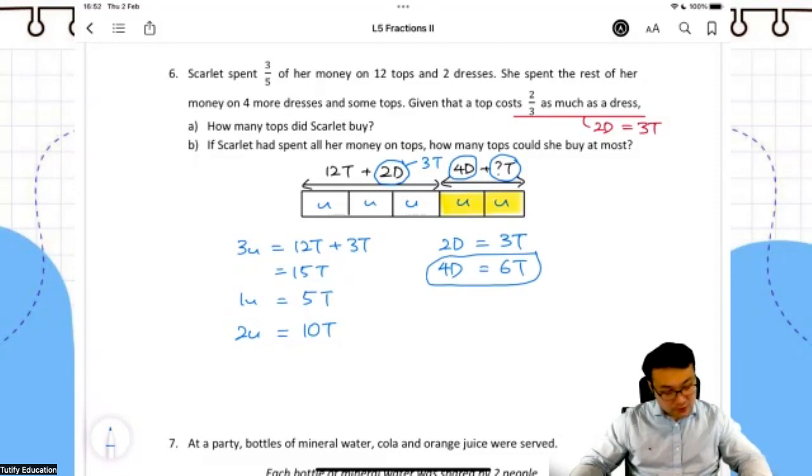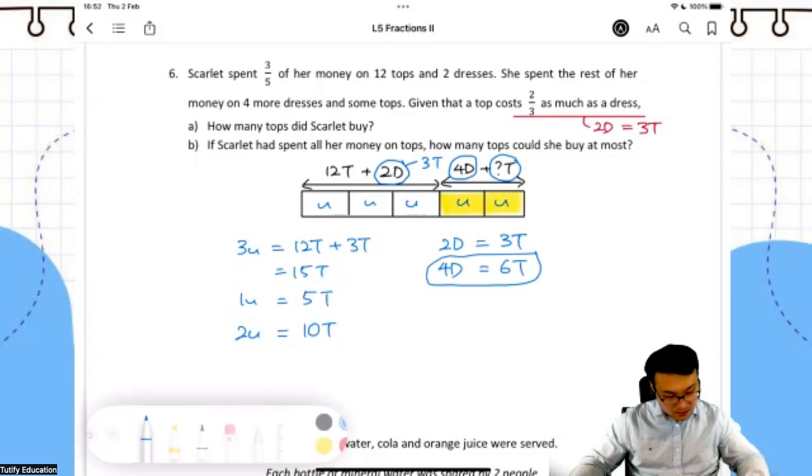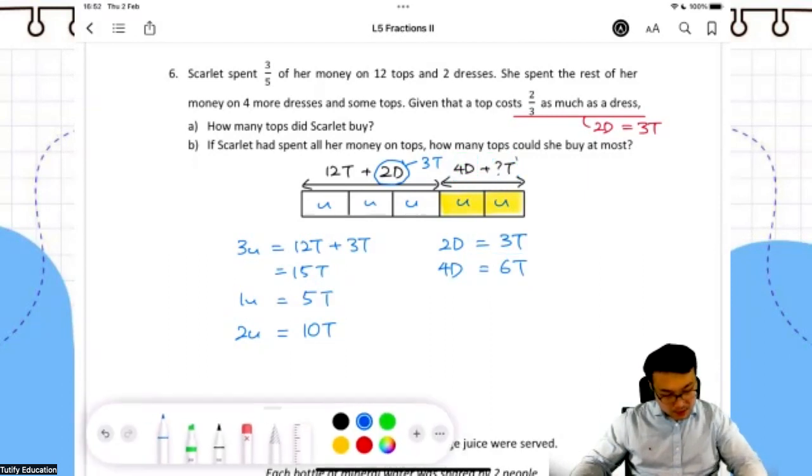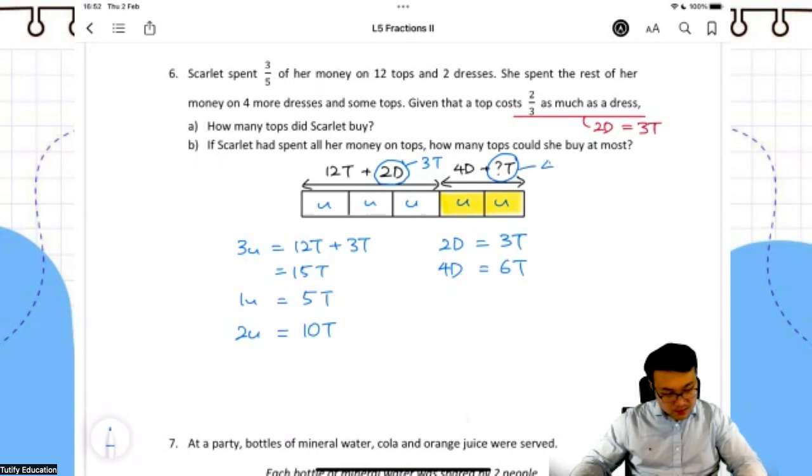And I know that 4 dresses, can you see these 4 dresses over here? Is 6 tops. So 10 minus 6 is 4. Yes, question mark, correct. Very good. That means the question mark here represents 4. Okay, because 6 plus 4 is 10, right?